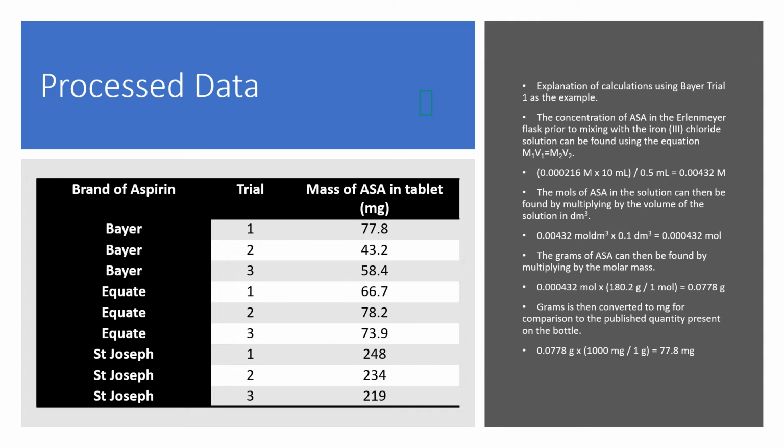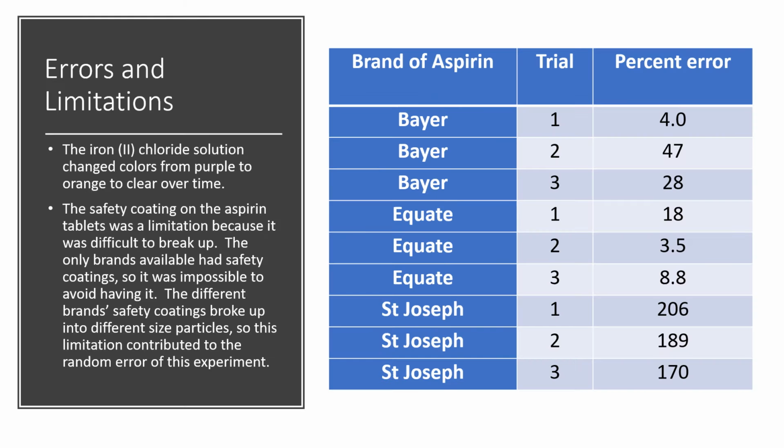So this is the processed data where I took the calculations shown on the side, and they were done with each one, but for saving space I showed an example using only the Bayer trial 1. So you can clearly see the different masses of acetylsalicylic acid, which is the active ingredient, and this becomes clear in this slide where the percent error is calculated.